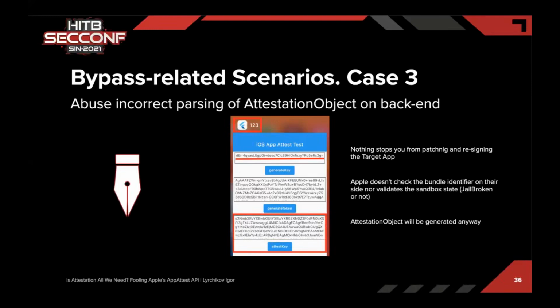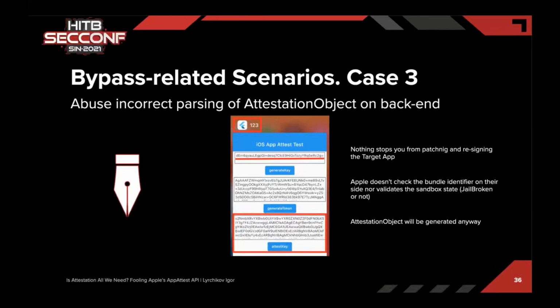And as you can see on the screenshot, it was kind of a wrong assumption, and anyone can modify your app, patch its logic, and resign it, and still generate a valid attestation object after all.